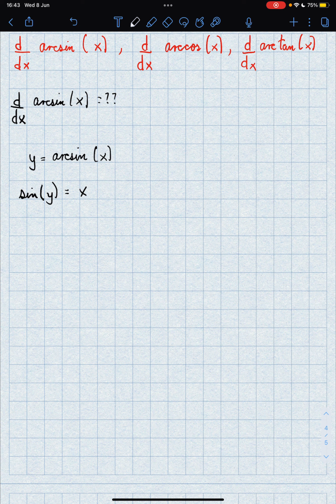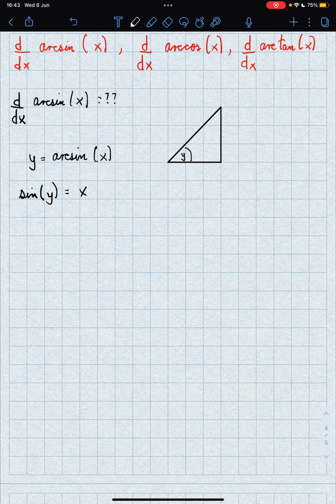First of all, we need to understand what this expression is trying to tell us. That's the first thing that you have to ask yourself. So here I'm gonna have the y. This is an angle. And what it's trying to say is that the sine of y is x.